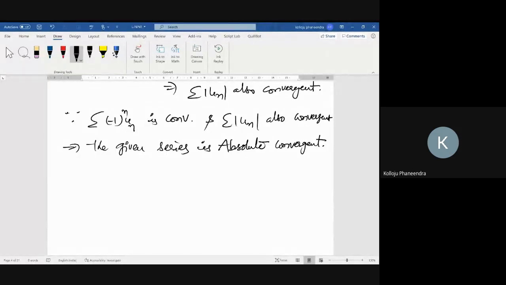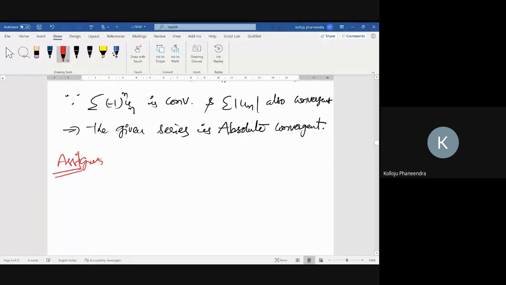And here are the assignment problems in this alternate series. First one, 1/6 minus 2/11 plus 3/16 minus 4/21 plus 5/26 and so on.